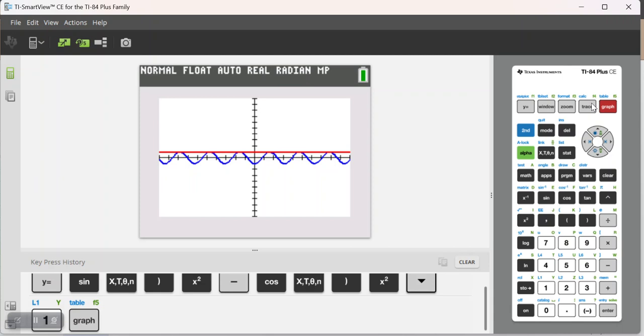Now, if the graphs overlap and it looks like maybe they're the same, that still doesn't prove it's an identity, because you might have numbers in the domain of one function that are not in the domain of the other, and so you'd have to qualify whether it's a true identity or not.